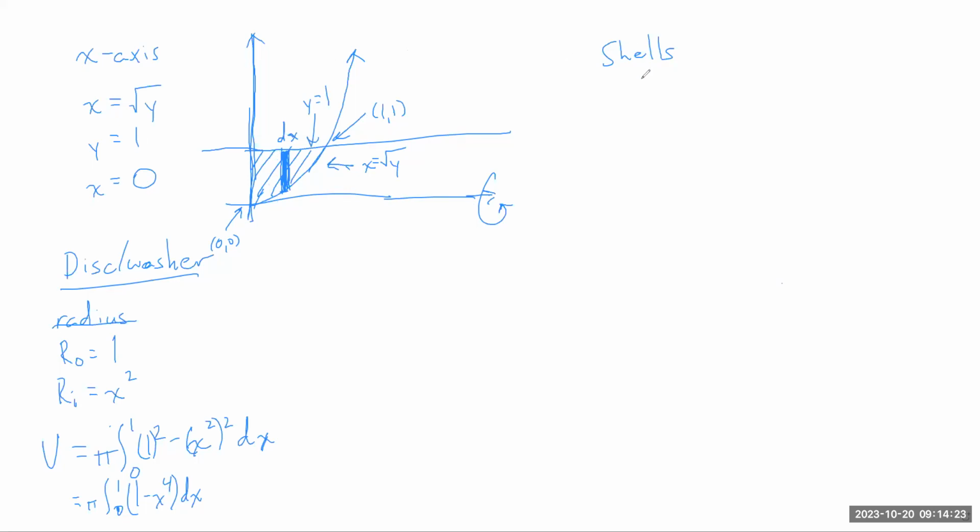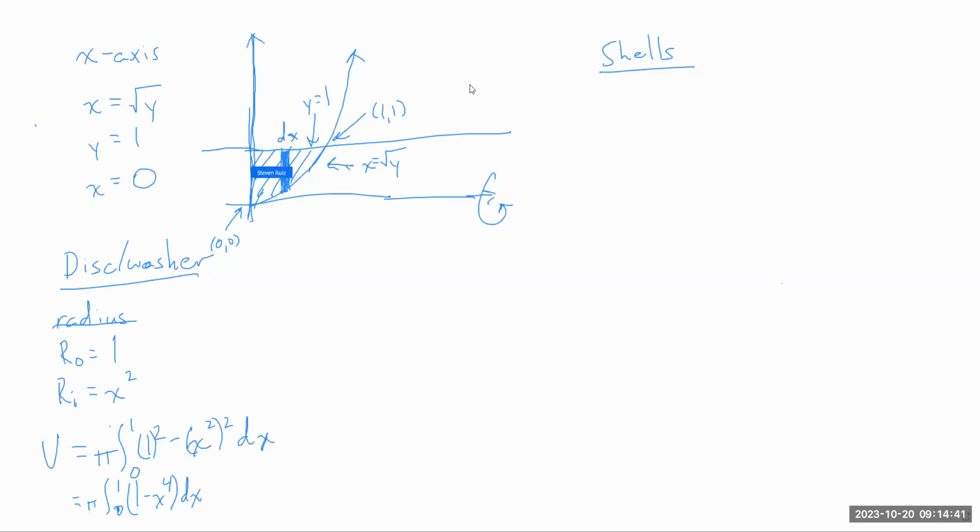Okay, so if I want to do shells, what things change now? We need the height, right? But there's a more fundamental change we have to worry about now that we're making shells. It's going to be in terms of y this time.